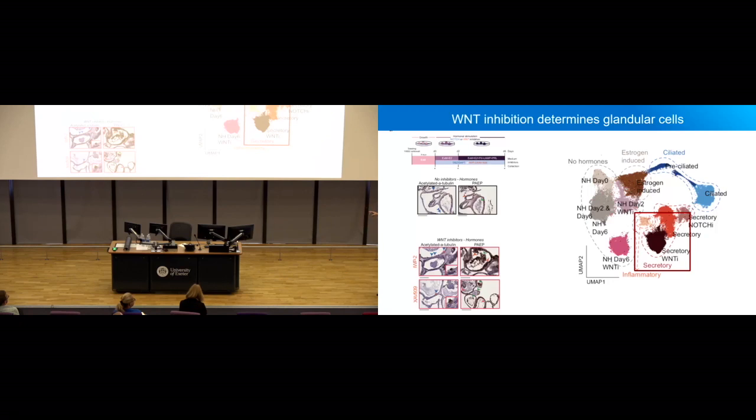I cannot show you the plots here, you need to trust me, but also we have a new cluster for secretory epithelial cells, and actually this new cluster that appears with Wnt inhibition expresses higher levels of these secretory markers, really indicating that this Wnt inhibition will not only help on producing more of these epithelial secretory cells, but also produce secretory cells that are better at secreting.